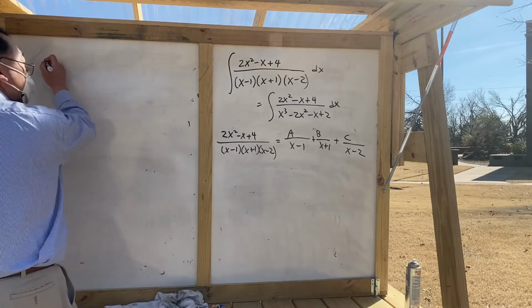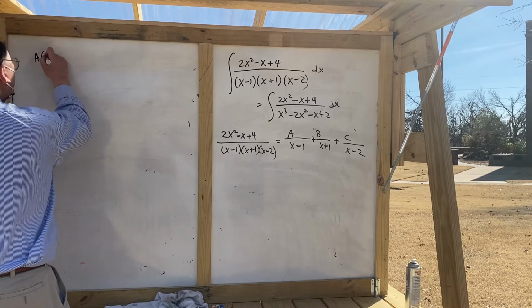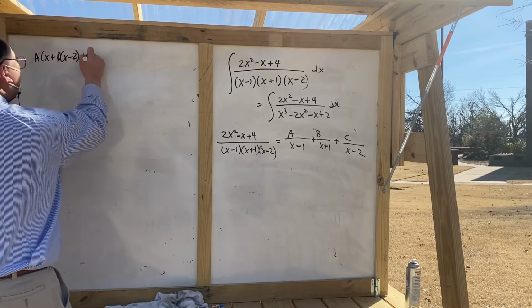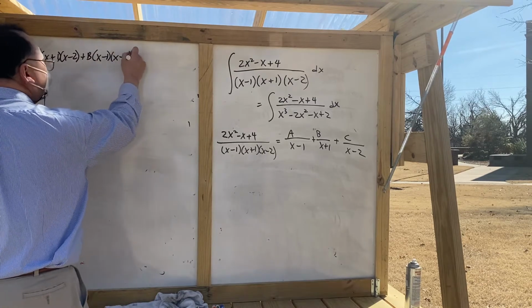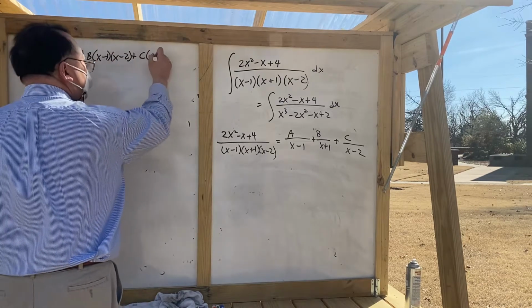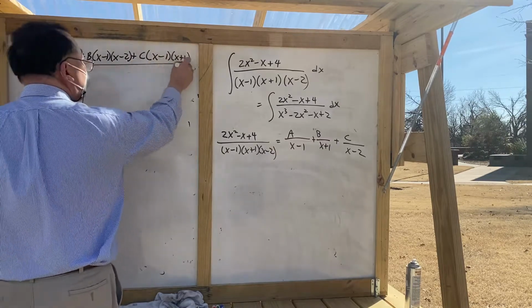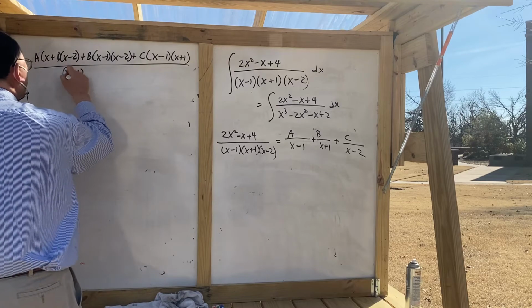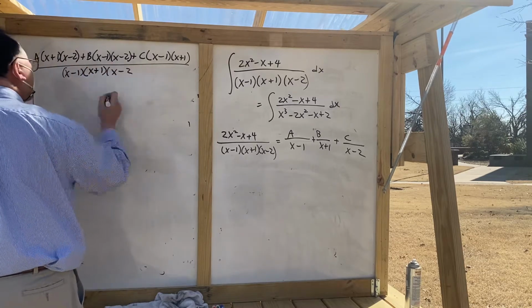If I do it the long way, I get a times x plus 1, x minus 2, plus b times x minus 1, x minus 2, plus c times x minus 1, x plus 1, all over x minus 1, x plus 1, x minus 2.